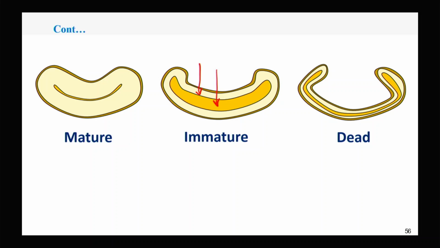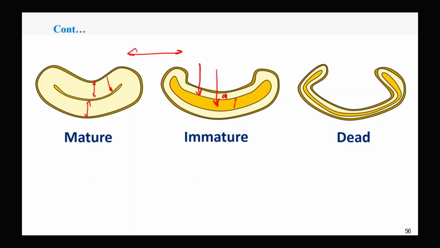Where the secondary wall formation is good, its thickness has increased and the lumen has compressed. So between these two, the ratio of the lumen and the secondary wall matters.